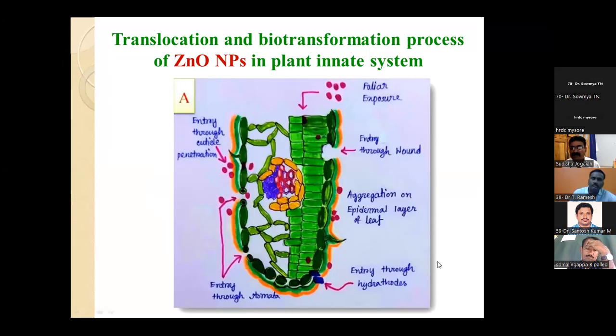Yeah. So when I talk about organism and the plant, what comes next is the tripartite interaction of the external elements that we are introducing into the host plant.